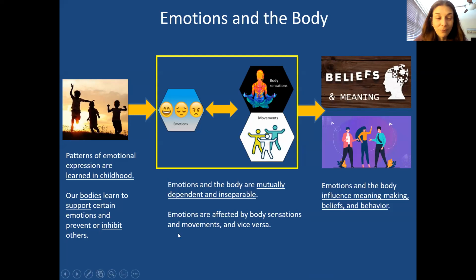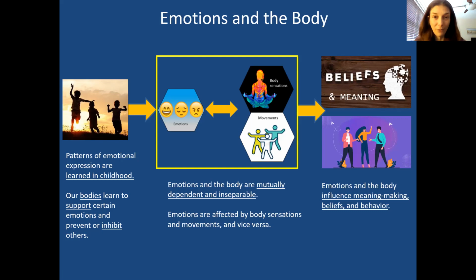As usual, our patterns of emotion are learned in childhood. There are certain emotions that are reinforced and supported by our families of origin, and other emotions that are not. Then our bodies support certain emotions and inhibit other emotions. That leads us to the middle part. There's a relationship between the emotions and the body sensations and movements, and they both influence each other.